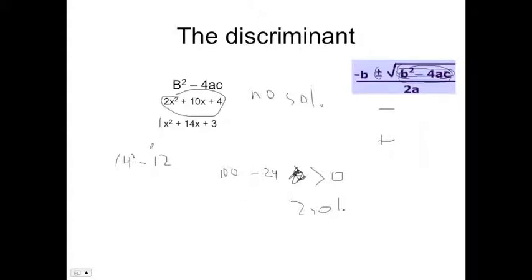And 14 squared happens to be 196, so 196 minus 12 is greater than 0. Sorry, I keep making these little mistakes. So that means both of these equations have two solutions.